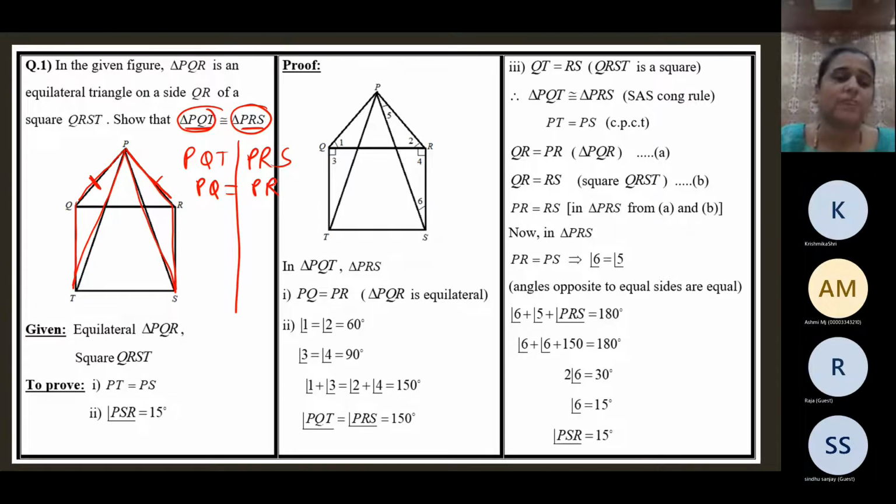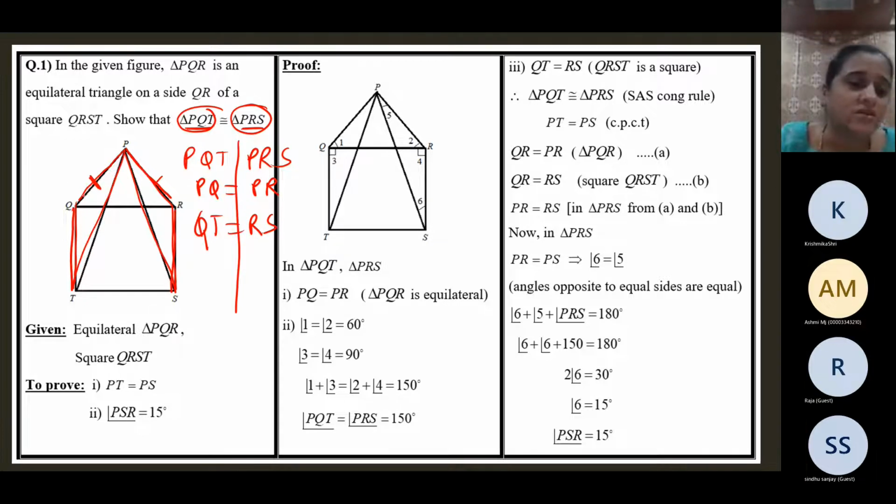And then QT of the first triangle is equal to RS of the second triangle, because QT and RS are the sides of the square and all the sides are equal.